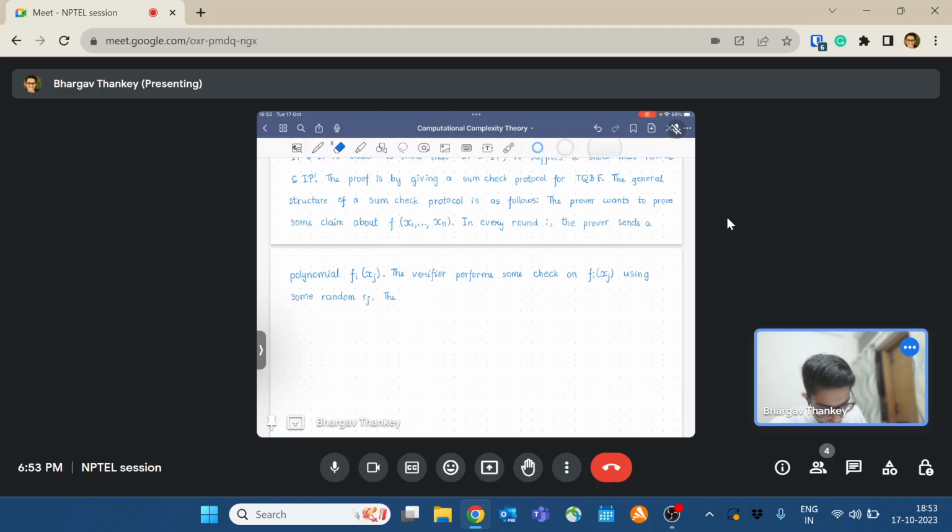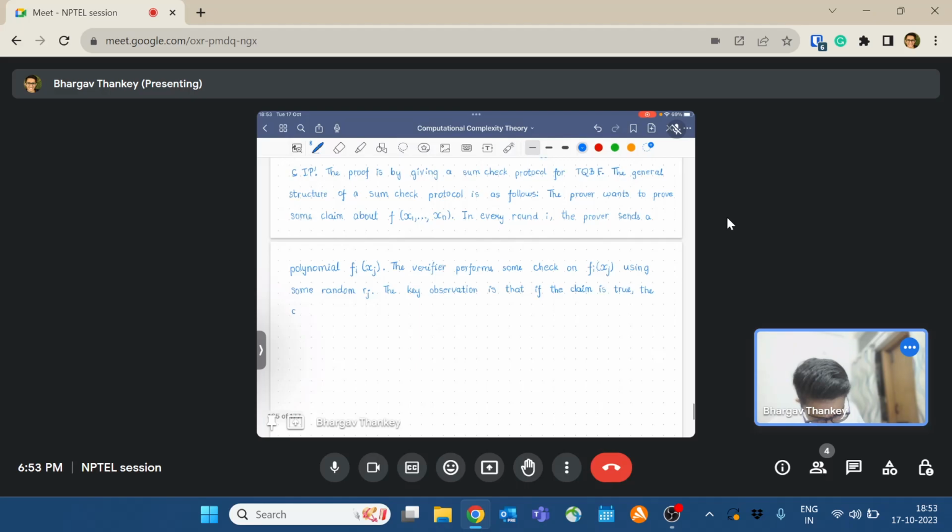That's a key observation. So the sum check protocol has perfect completeness. Yeah, so this was the overall idea.